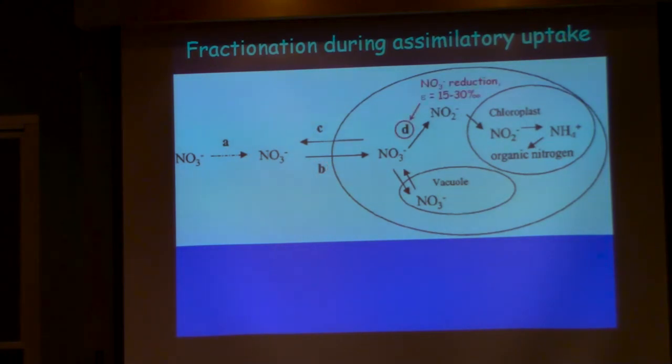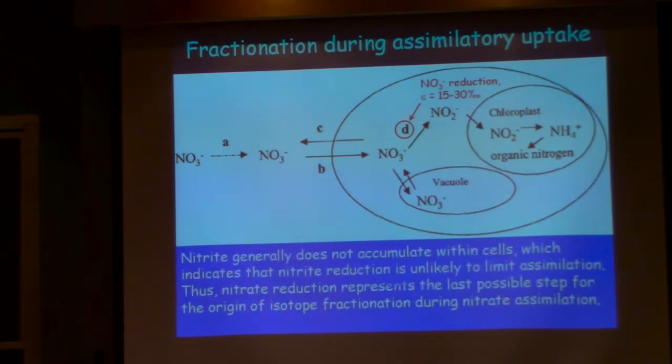Then there's nitrate reduction. So it's nitrate reductase, the same enzyme that's used by bacteria. The isotope effect is somewhere between 30 and 50 per mil. It's reduced to nitrite. Nitrite typically doesn't accumulate in the cells.